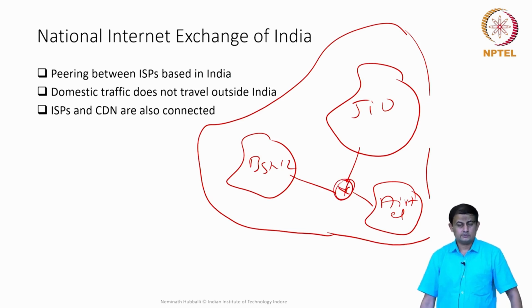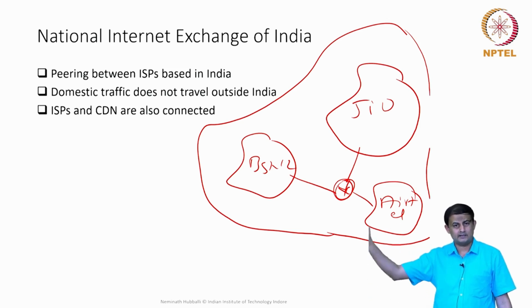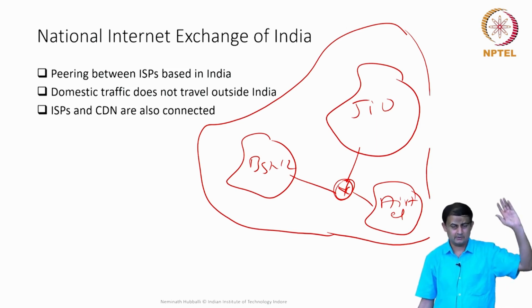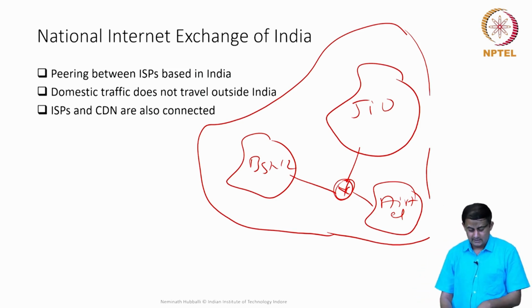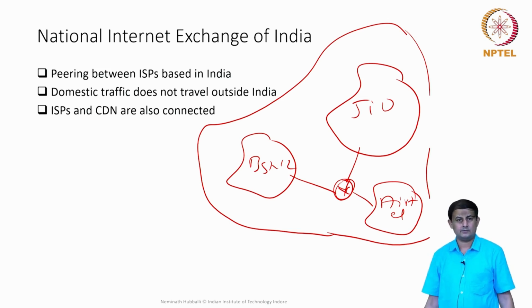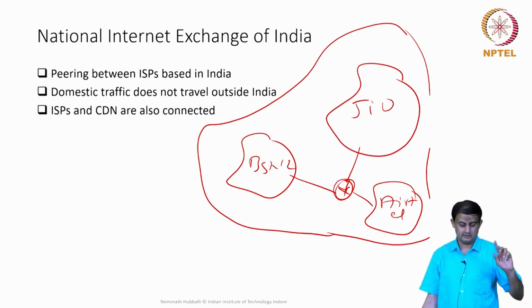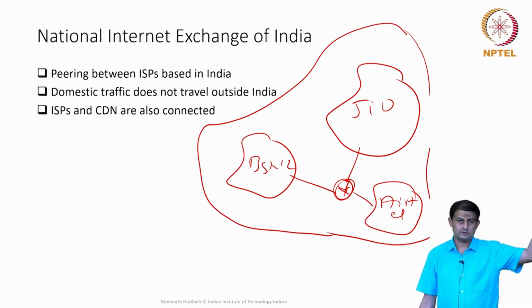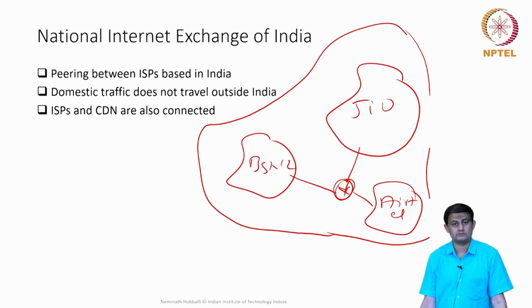So the idea is that domestic traffic, from one subscriber within the Indian geography to another computer in the same geography, I don't have to send to the higher level, maybe a tier 1 ISP located in some European country or, let's say, in the US. If BSNL and Jio don't know how to exchange traffic between them, and a subscriber of the BSNL network has to send a packet to another user in the Jio network, in the absence of this exchange he has to go to the tier 1 ISP located in the US, and then from there come back and deliver the packet to the Jio network, which is a lot of work.